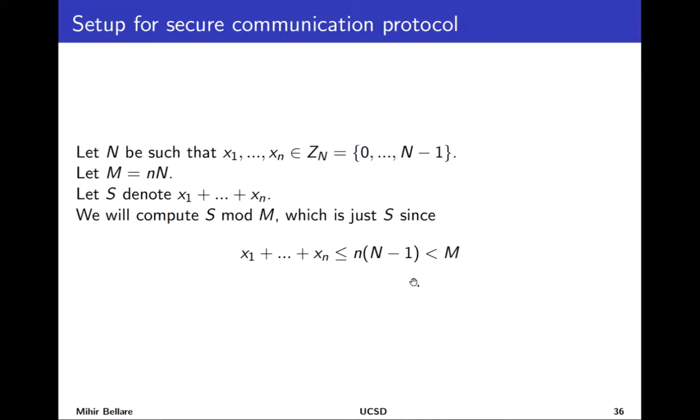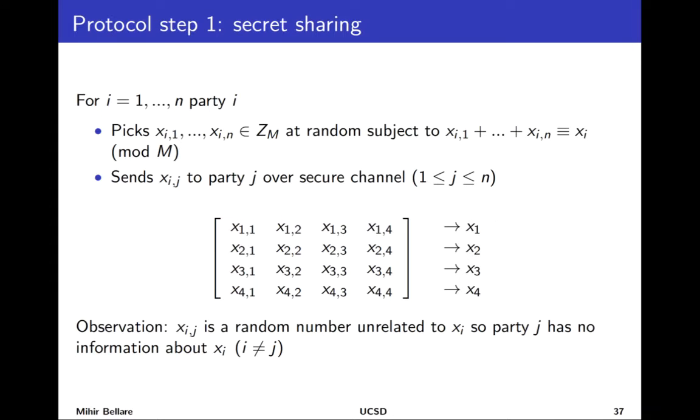Fine, so we're now trying to compute S mod M. So what do these parties do? Each of them takes the same step. Let's consider one party, say party i. It's going to create a kind of representation of its own secret input. Remember, it has a secret input x sub i.